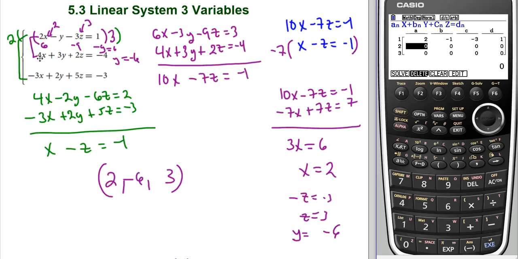Then I go here. That looks like a 4. Hopefully I didn't write over anything. That's a 3. That's a 2. And a negative 4. And it's going to go right down to my negative 3 for my X, 2 for my Y, 5 for my Z, negative 3 here. And let's see if I got this right. And I did. All right.